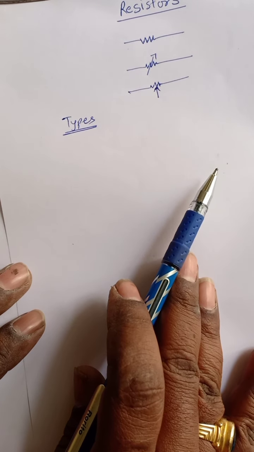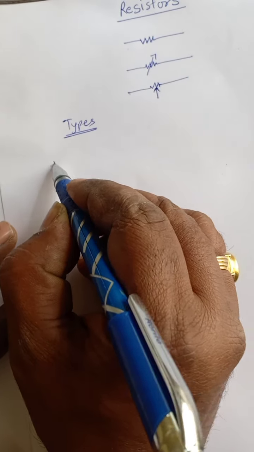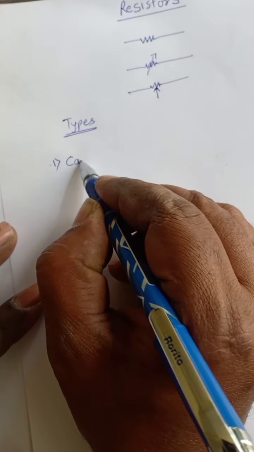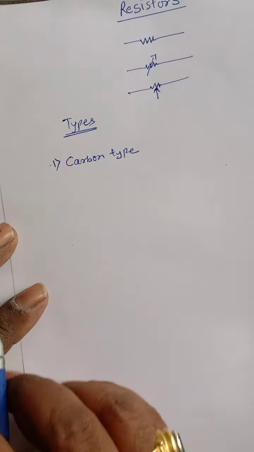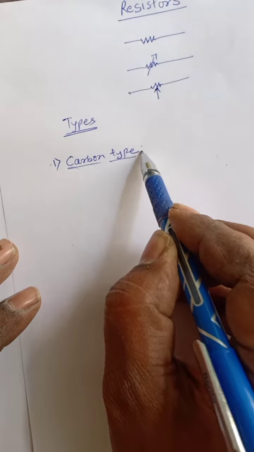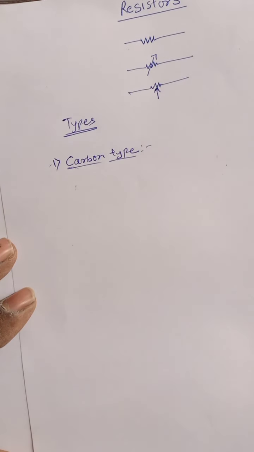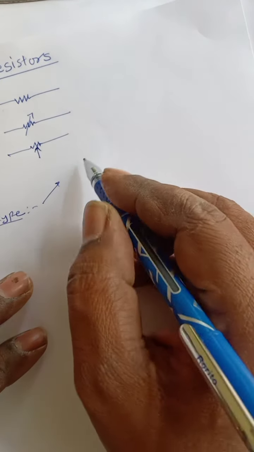In this chapter we are going to study 3 types of resistors only. The first one is the carbon type. Carbon type means the resistive material used in the resistor is carbon. It has 2 types.